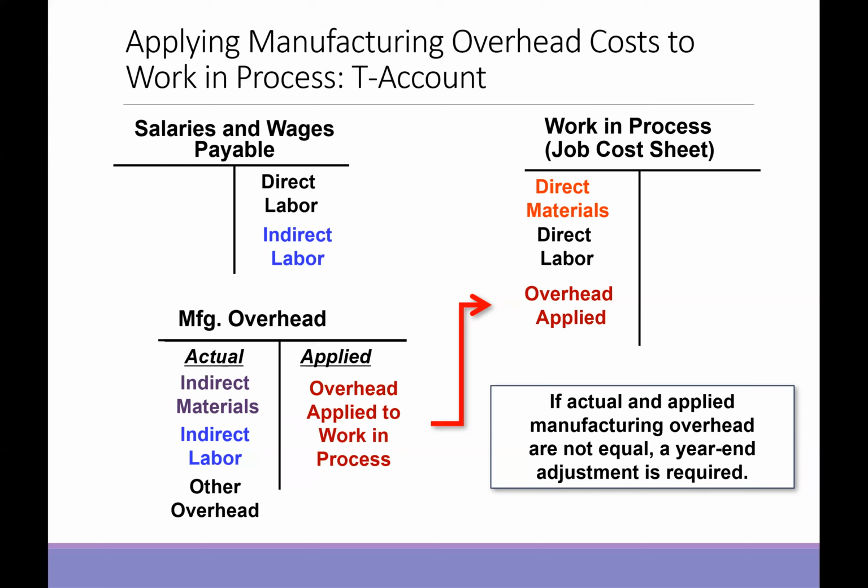But in the meantime, we've got these jobs happening and going out the door. So we also need to assign these costs the best we know, which is by taking that predetermined rate times whatever driver there is, the actual hours. And so that overhead applied, we credit to the manufacturing overhead and we debit it to our work in process.